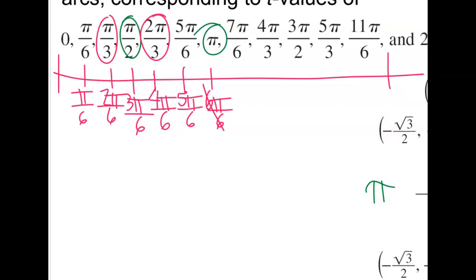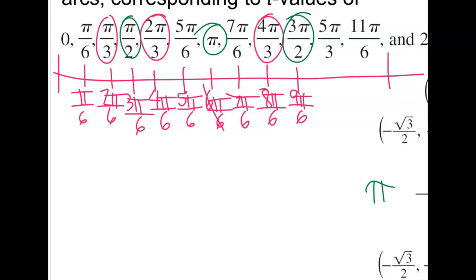So if we keep going in that way, this will be 7 pi over 6, already in reduced form. Then this will be 8 pi over 6, which simplifies to 4 pi over 3. Then we will have 9 pi over 6, and that one reduces to 3 pi over 2, one of the quadrantal angles.